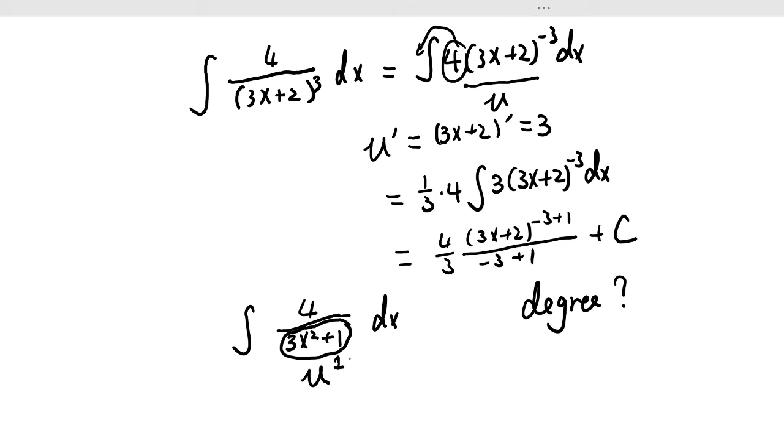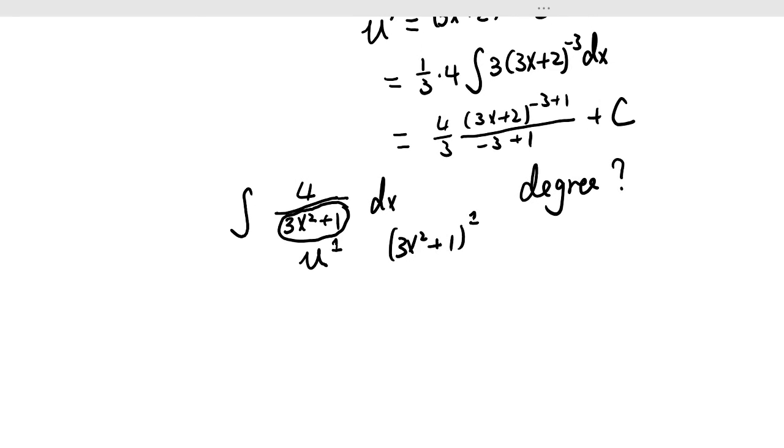So we are looking at this one as 3x squared plus 1 to the first degree. Whenever it is to the first degree, we are thinking this is a rational function form to solve. So this means we have to think about a ln to solve it. x squared is going to be hard, so let's do something a little bit easier.